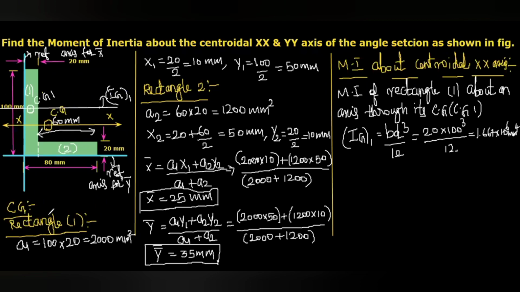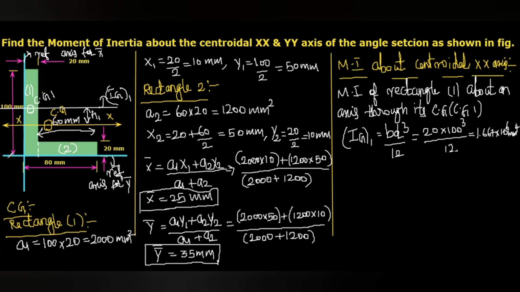But we need moment of inertia of rectangle 1 with respect to the x-axis. For that, we have to use the parallel axis theorem. This is moment of inertia of rectangle 1 about an axis passes through its center of gravity, that is this one. But we need with respect to this x-axis. These two axes are parallel and this is the distance h1.